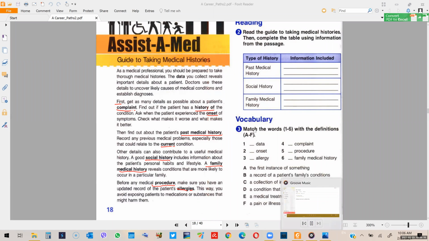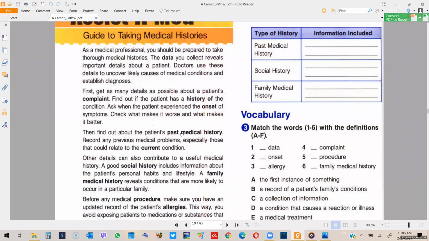Unit 8, Taking a History. Exercise 5, page 19. Assist the Med. Guide to Taking Medical Histories. As a medical professional, you should be prepared to take thorough medical histories. The data you collect reveals important details about a patient. Doctors use these details to uncover likely causes of medical conditions and establish diagnosis. First, get as many details as possible about a patient's complaint. Find out if the patient has a history of the condition. Ask when the patient experienced the onset of symptoms. Check what makes it worse and what makes it better.